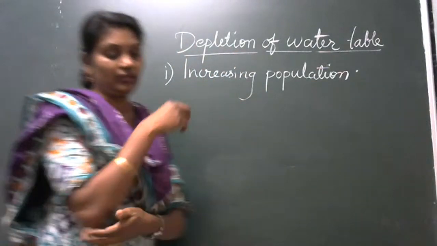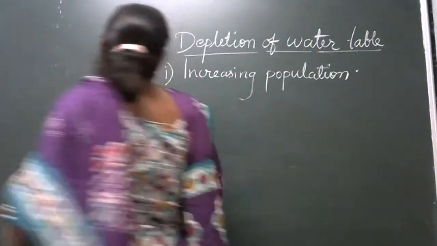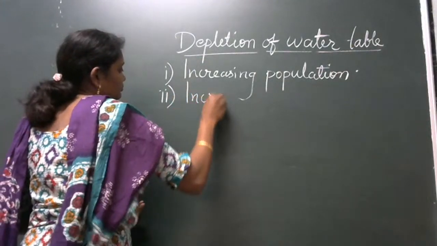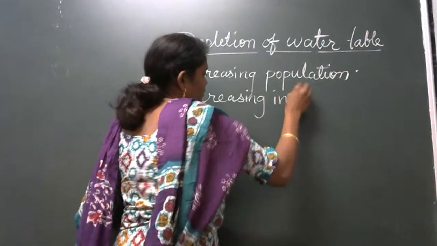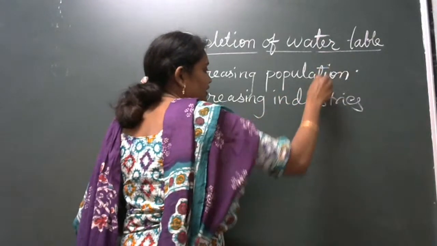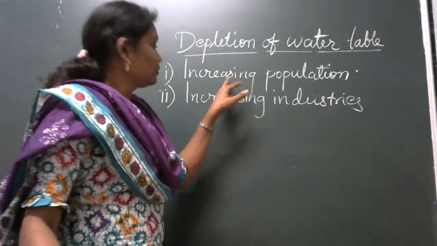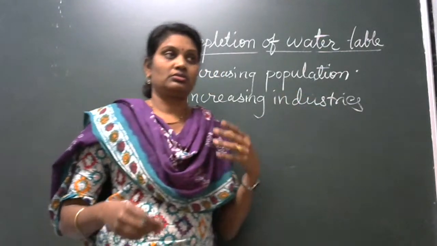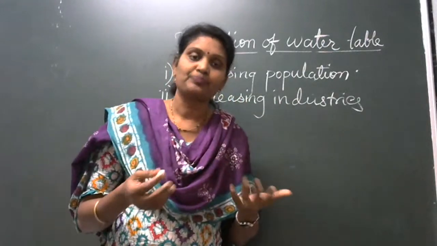Now second one, another point, that is increasing industries. Now students, here you can see that this is again related to each other. The points are related to each other. You see, population is increasing, so the number of products we need also increases.